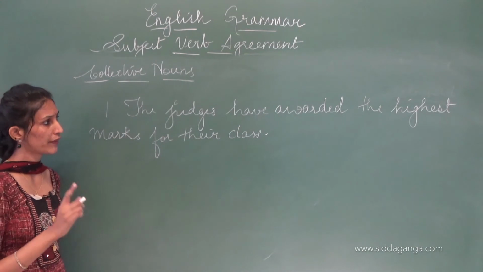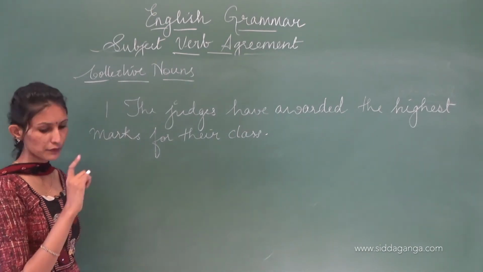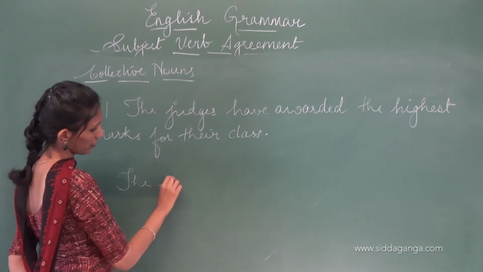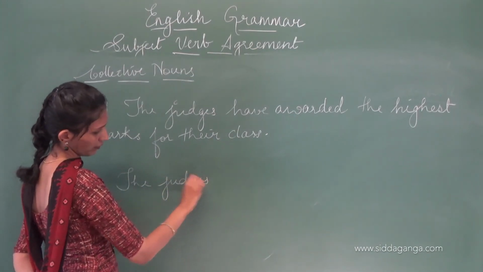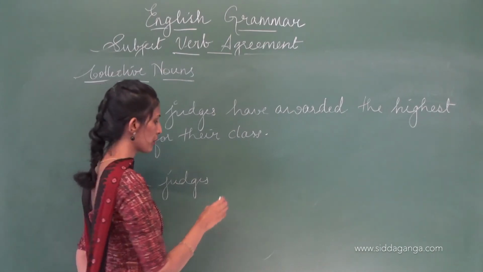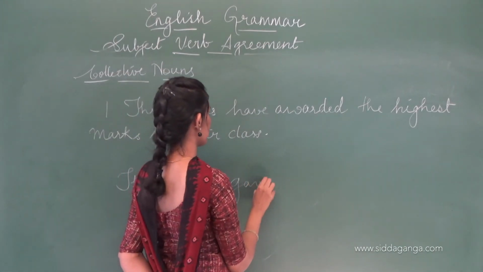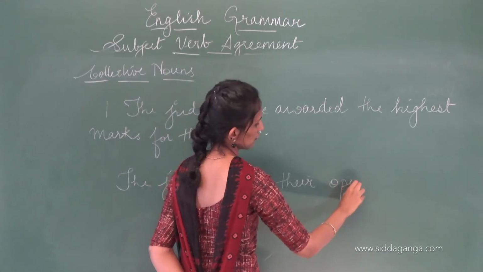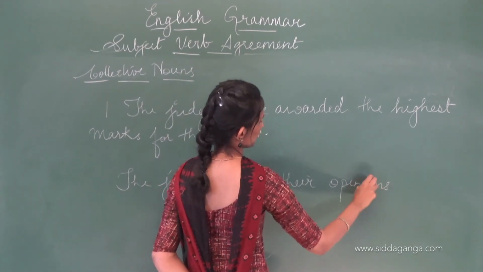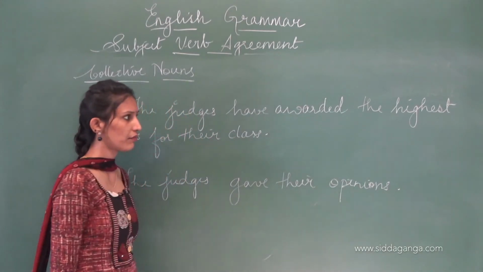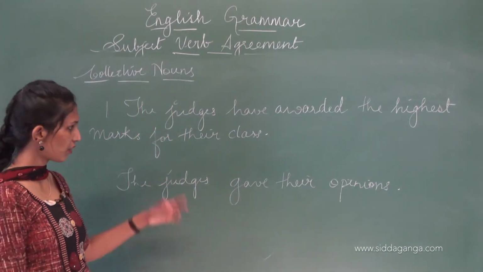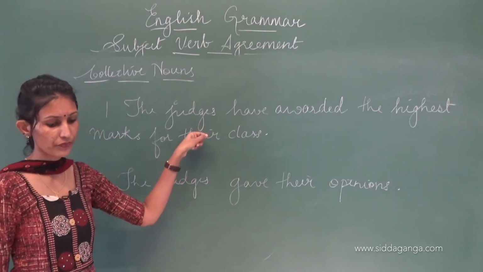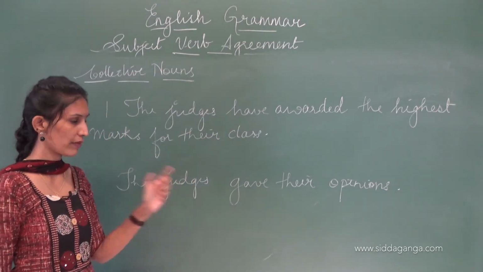The judges have awarded the highest marks for their class. Next sentence. The judges gave their opinions. Now, can you figure out any difference in this sentence? In both places it is judges, yet this is taken to be singular, this is taken to be plural.